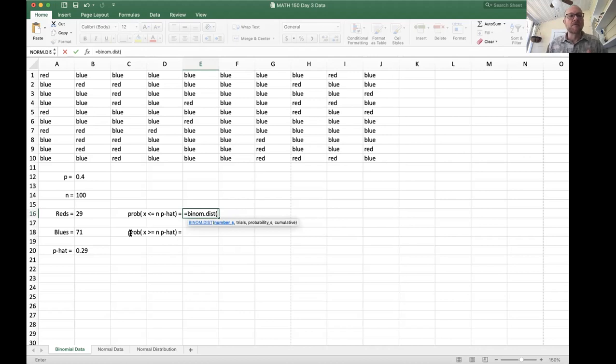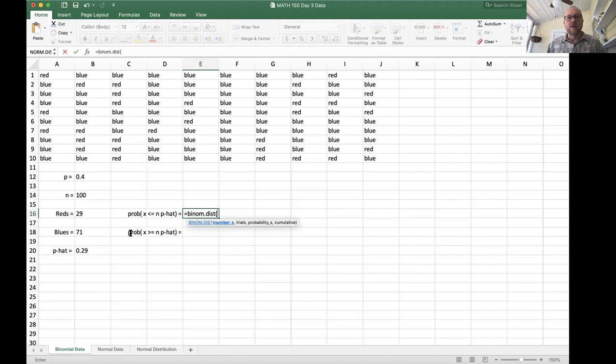The number must be in reference to the number we're talking about that we got, right? Trials is going to be the N value. And then the probability underscore S, the probability is going to be that P value up there. And the last thing is the cumulative, and that's going to be a true or false.